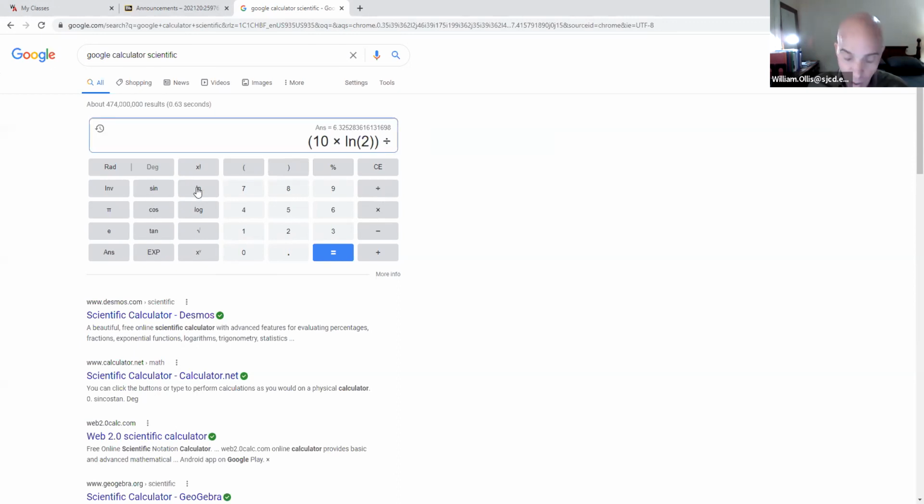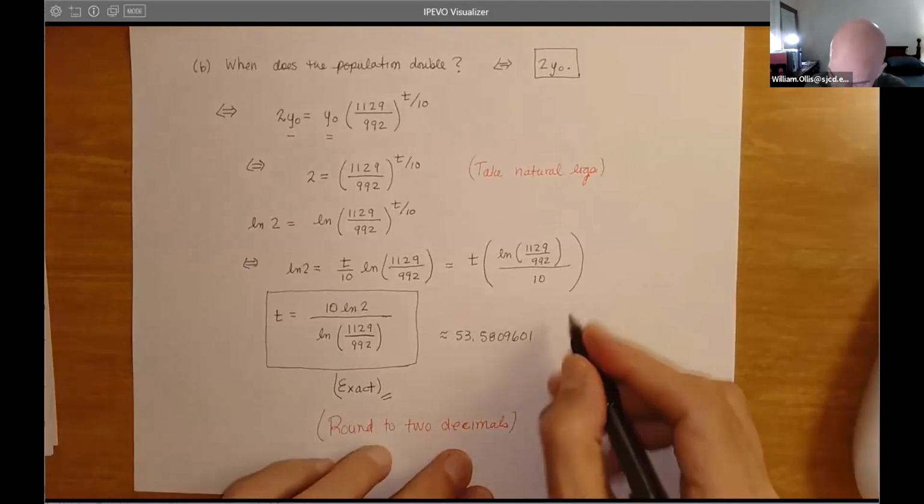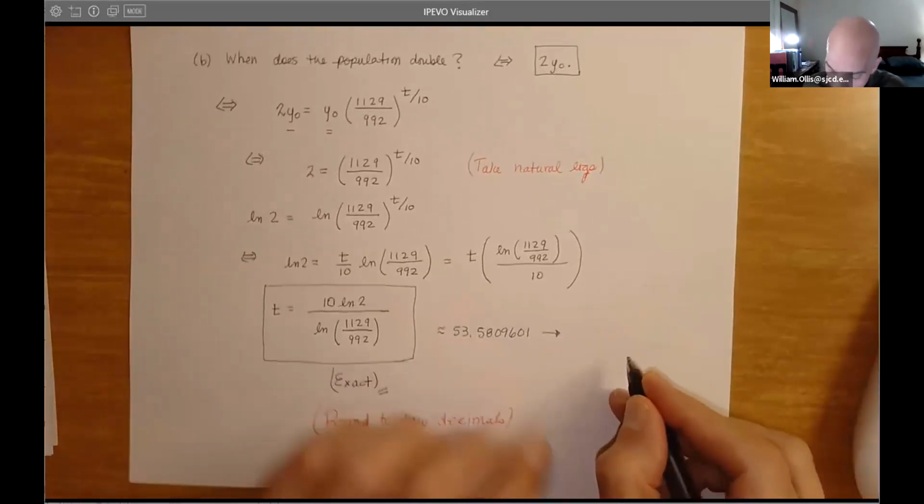Divided by natural log of 1129 divided by 992, close. And this gives us approximately 53.580961. I'll just round it off to there, and then we can do our formatting that maybe WebAssign would ask of us. So if WebAssign said round to 2 decimals, then this would give us 53.58 years.